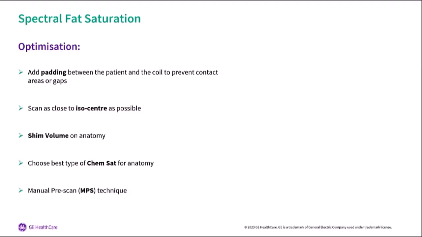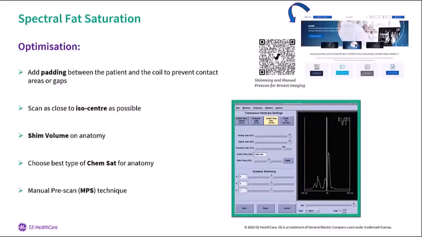And at last, and in some cases, we might need to perform a manual pre-scan. So when we perform a manual pre-scan, we are given this kind of graph. And in that graph, we will be able to center frequency at the point that we want to allow for fat sat. So in this case, the first peak on the left will be the water peak.